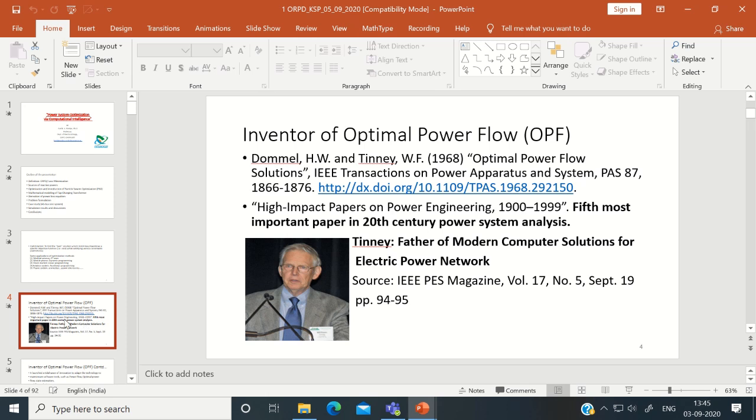So Professor Tinney is also known as the father of the modern computer solutions for electrical power networks, as per the IEEE PES magazine article published. So most of the theory which you see in power system is based upon the paper published by Professor Tinney in 1968.